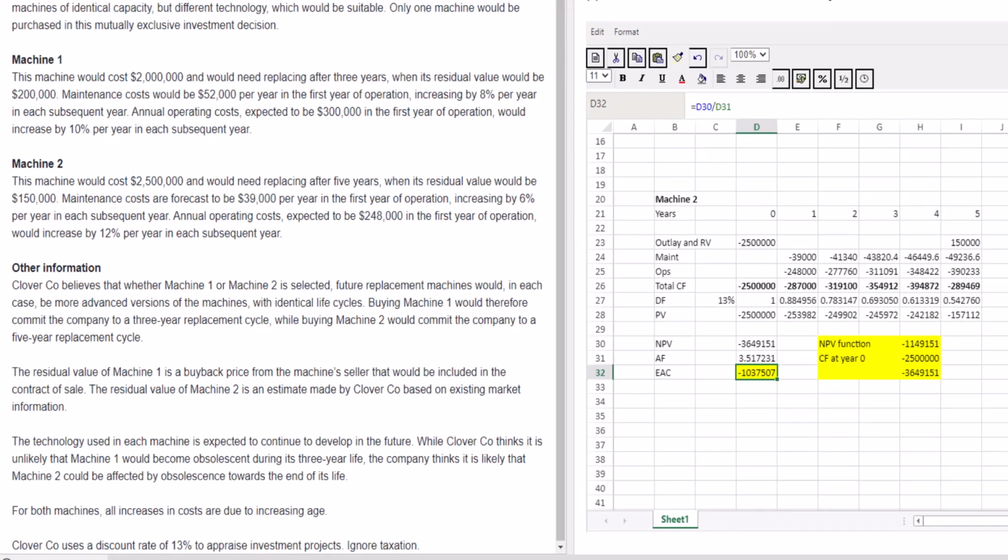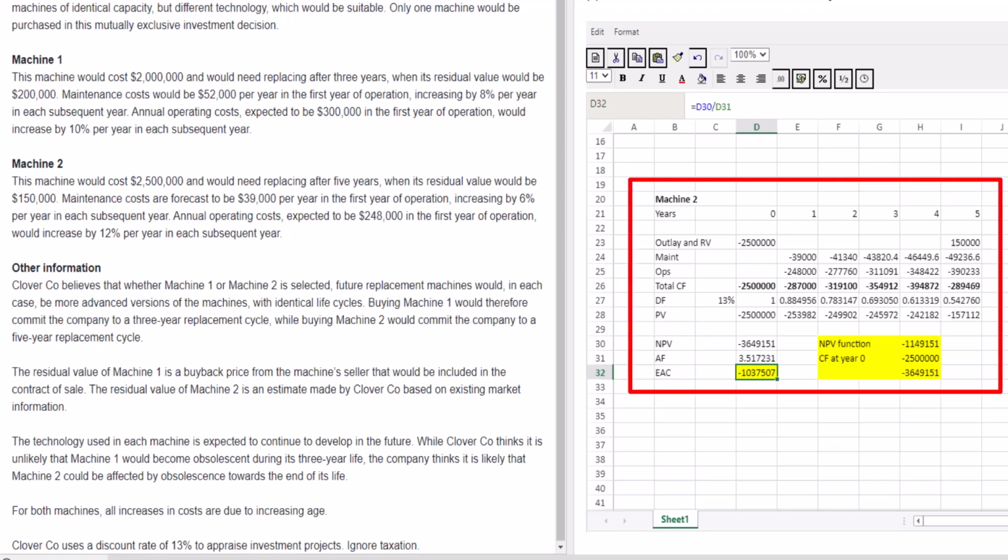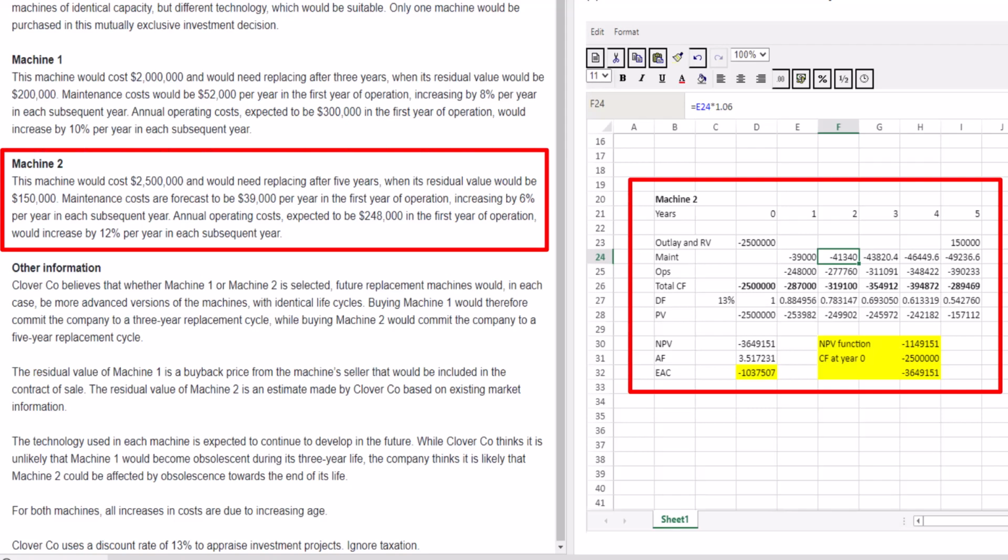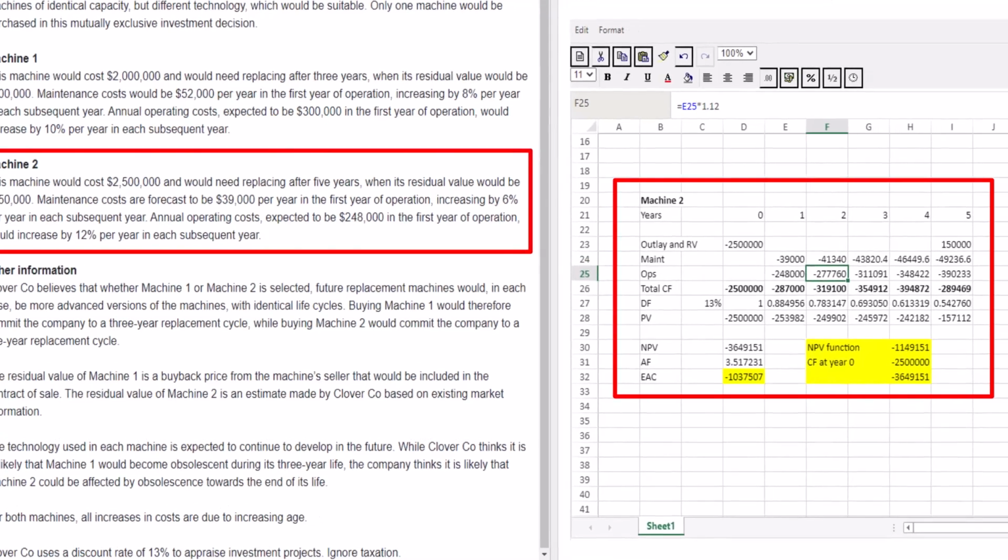Now I've also completed machine 2 for you, which is a 5-year cycle. Here I have copied the formulas down from machine 1 and replaced them with the information in the machine 2 paragraph, being the changes in the costs and the inflation rates.